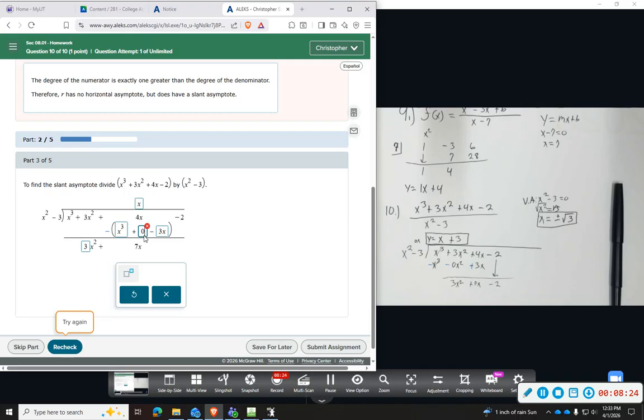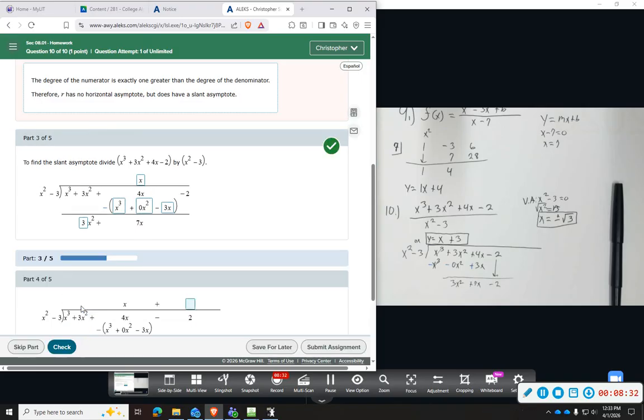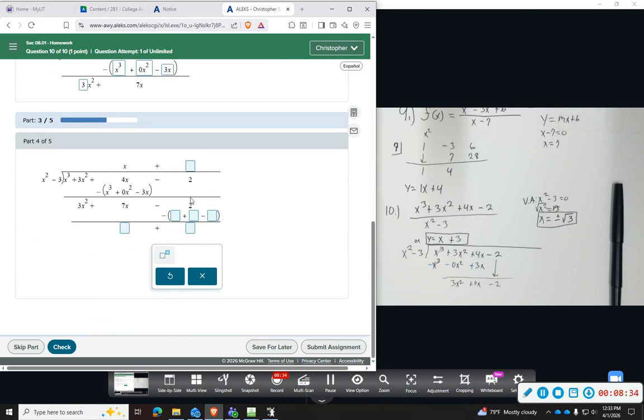I wonder if I should put 0x squared. And yep. So they wanted the 0x squared there as a placeholder. That's all of what we have here. Just not used to the computer opening the boxes and doing it like so.